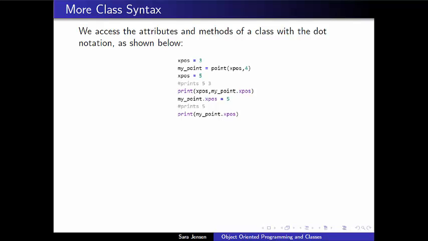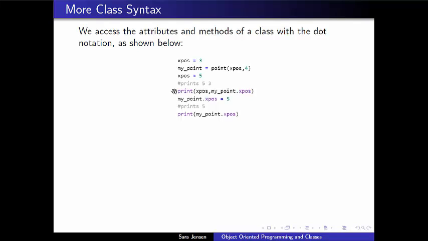In particular, the xPosition that's associated with this specific instance of the point class is found by accessing myPoint.xPosition. That's the full name of the variable that's associated with myPoint. So if I ask the computer in line 5 here to print the value of xPosition and myPoint.xPosition, this change to the global xPosition is not registered by myPoint's xPosition.